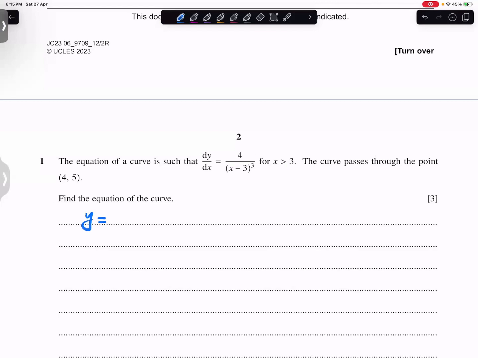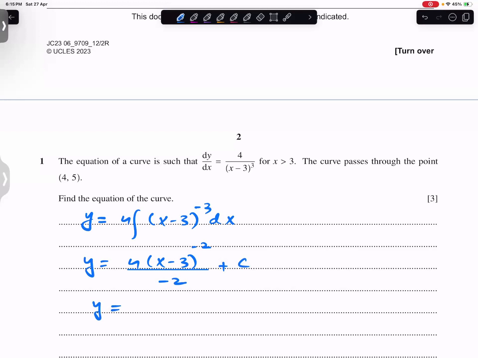So if you want to find y, what you will do is the integral of 4 times (x minus 3) power minus 3 dx. So y will be 4 times (x minus 3) power minus 2 whole divided by minus 2, and that derivative of inside, which is 1, plus constant of integration.